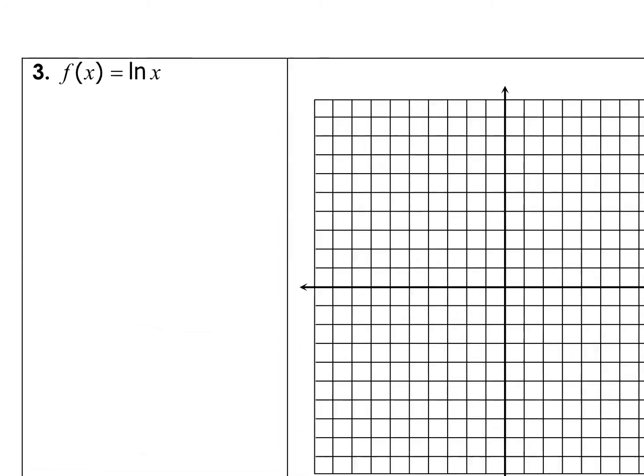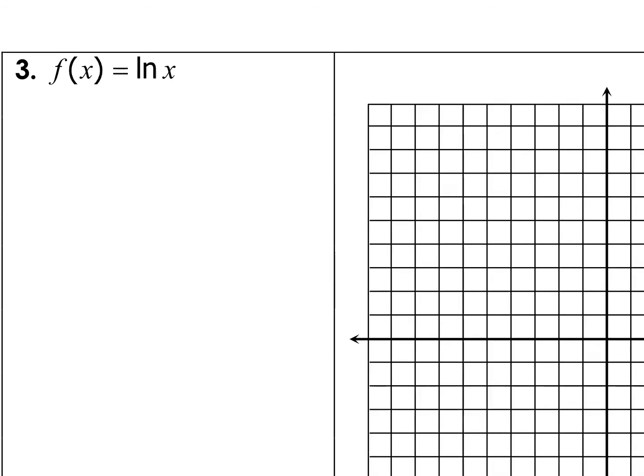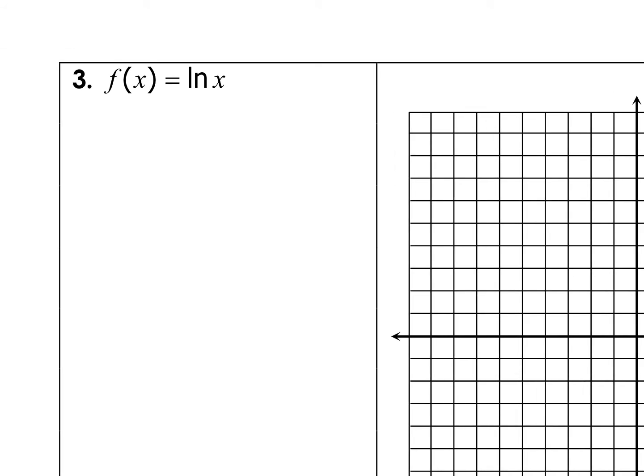Now, what happens as we do natural log? It's absolutely no different than the log. Because remember what this means. This means base e to the y equals x. So again, if I make my table and let y equal 0, I get 1 again.